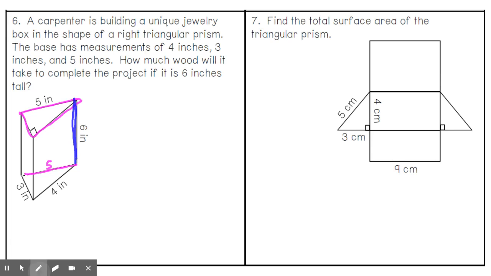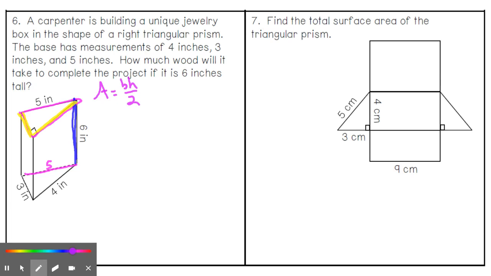So to find the area of our triangular faces, remember the area of a triangle is base times height divided by 2. So the base and the height of our triangle, remember they meet at a 90-degree angle. They're perpendicular. So we would be looking at 3 and 4, okay?